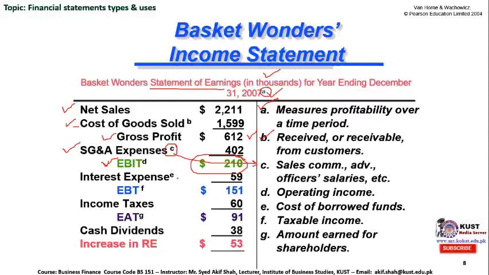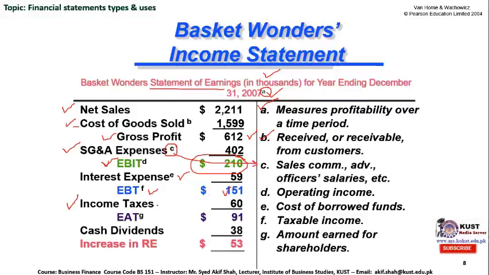After this, we are going to minus the interest expense to the bank or bond holders, and the remaining amount will be called as earning before tax, which is 151. After this deduction, we are going to minus the income taxes, because we are going to pay out taxes to the government on the amount what we have earned, but it should be applicable on earning before taxes amount.